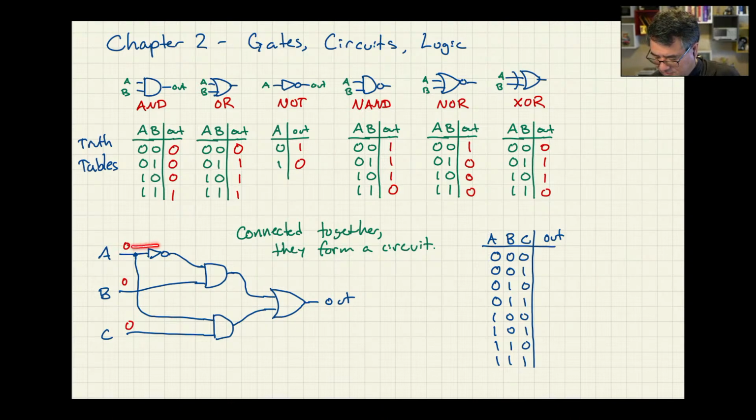So the 0 starts flowing this way. It goes through this NOT, which means it flips to a 1. And then that 1 flows down this way and appears as one of the inputs to this first AND. And then this 0 on B flows this way and appears as a 0 over here.